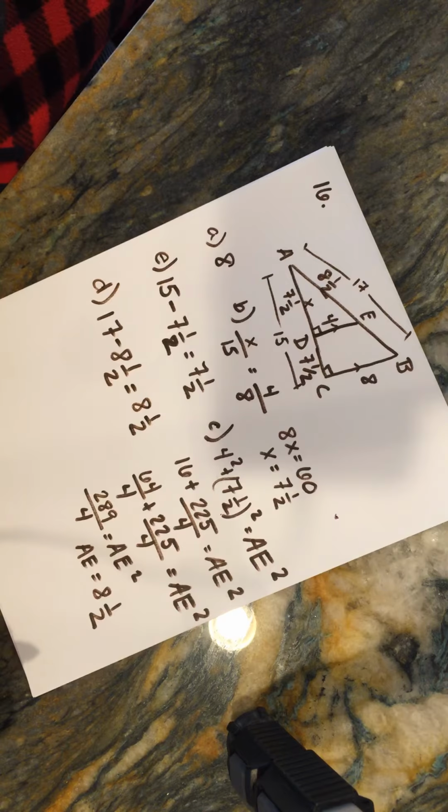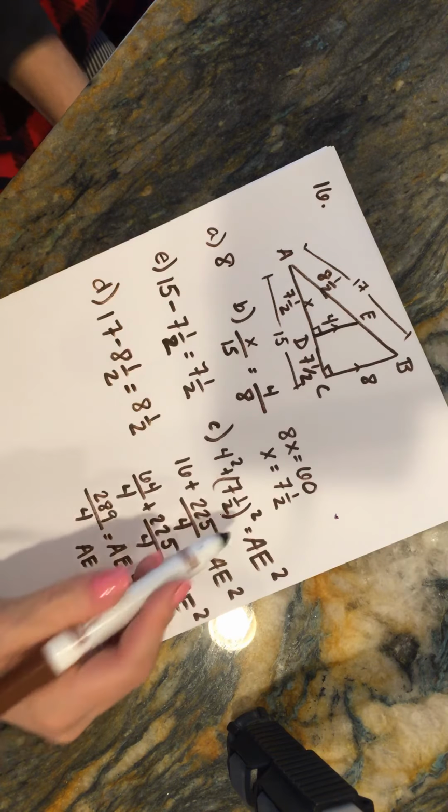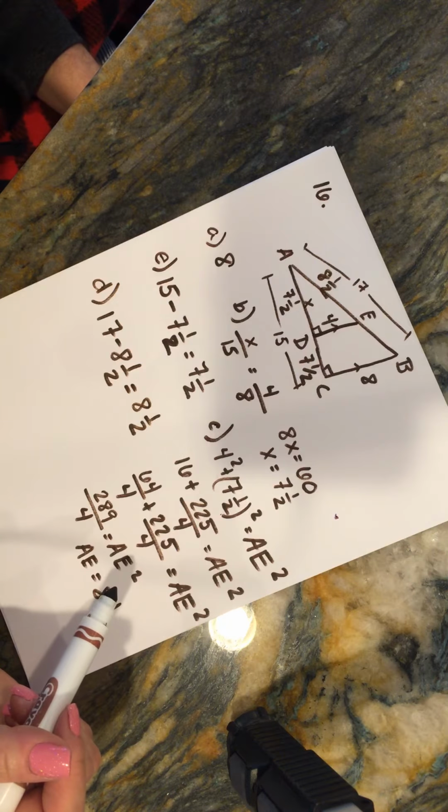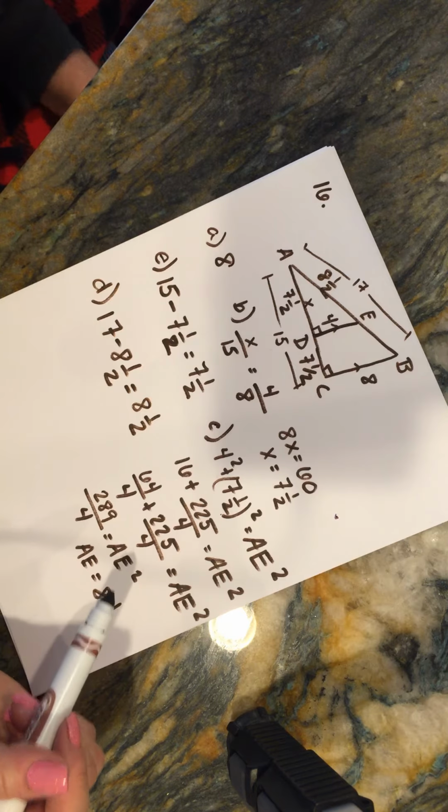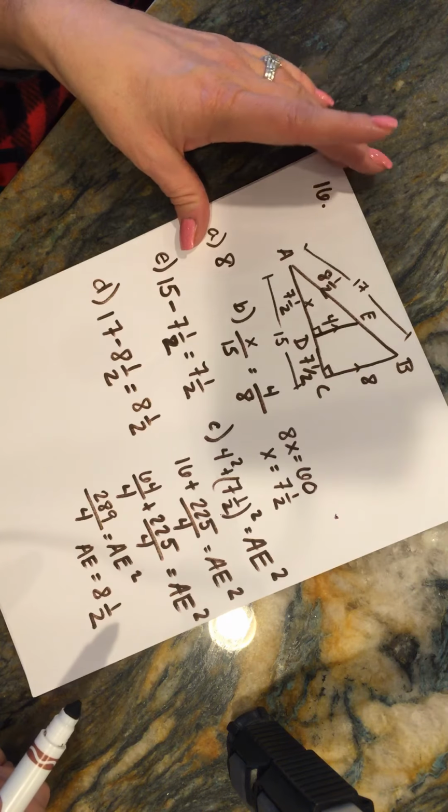Yeah. So there we go. Like I said, there's another way you could have done that you might have liked better, and that's fine. You guys remember you have lots of tools in your toolbox, so use them. All right, so that was 16.